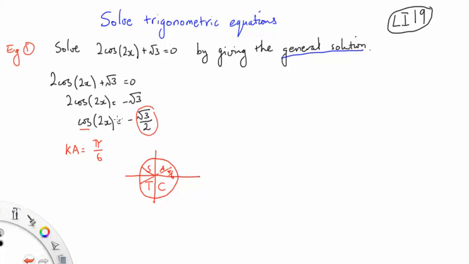Now we can solve our equation here. So let's see, well, 2x equals, this is pi, and we're going back pi on 6. So it's pi minus pi on 6. So either 2x equals pi minus pi on 6 or pi plus pi on 6.